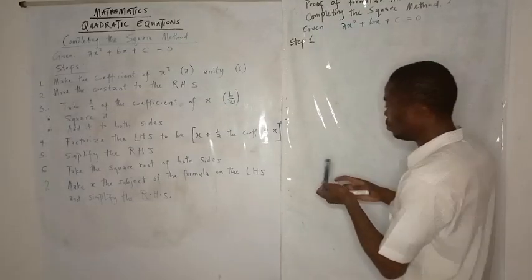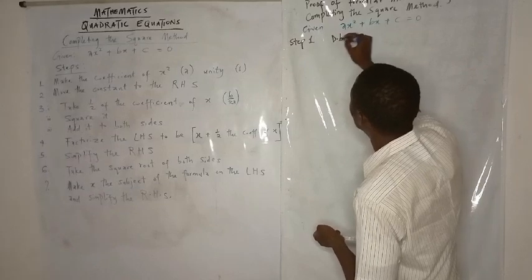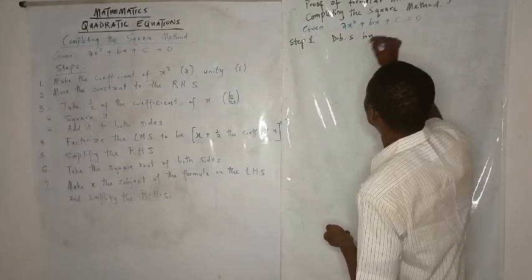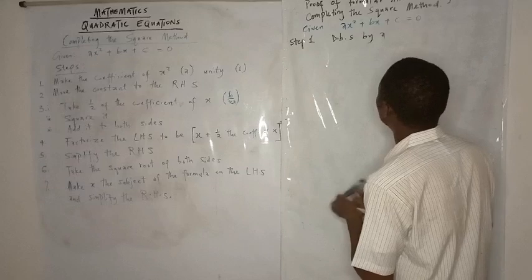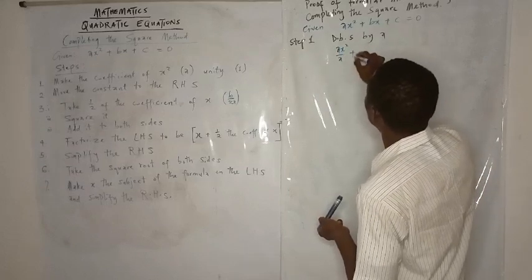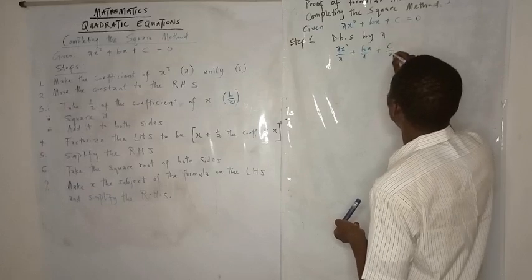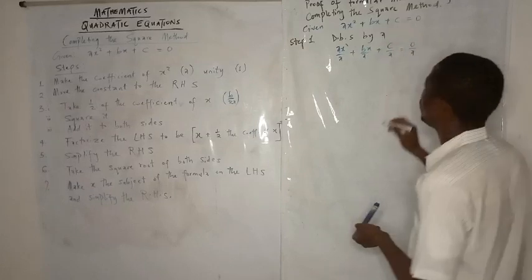So step 1, we divide both sides by a. So we have ax squared over a plus bx over a plus c over a is equal to 0 over a.